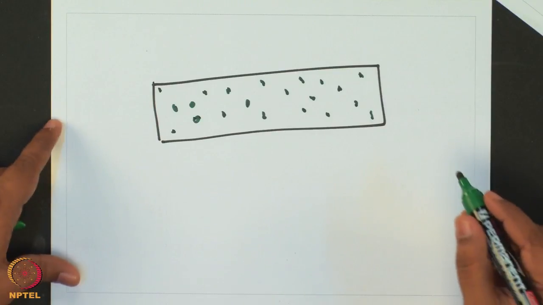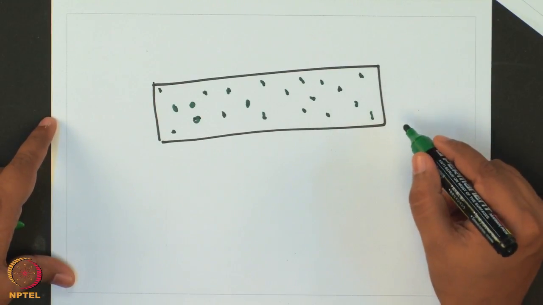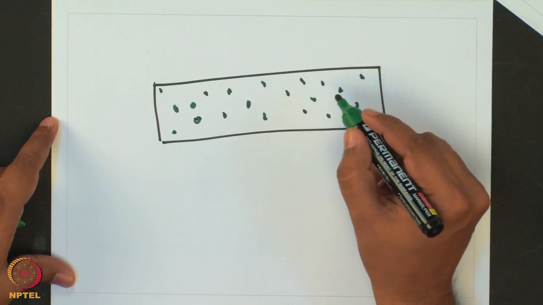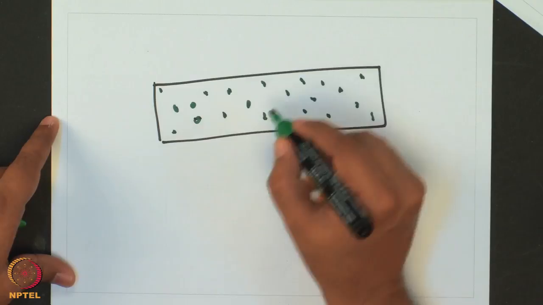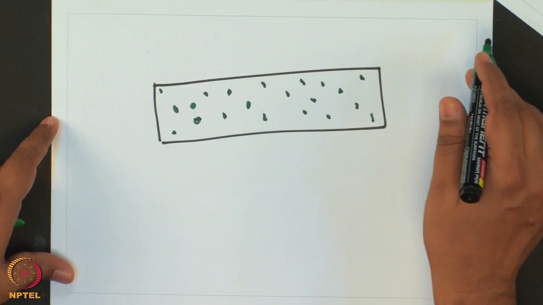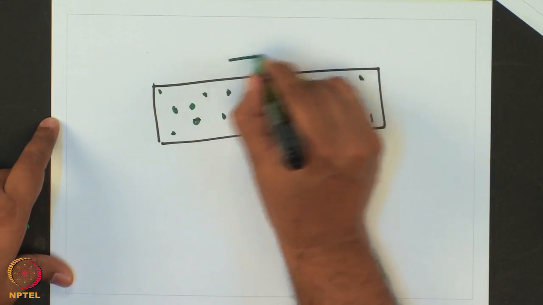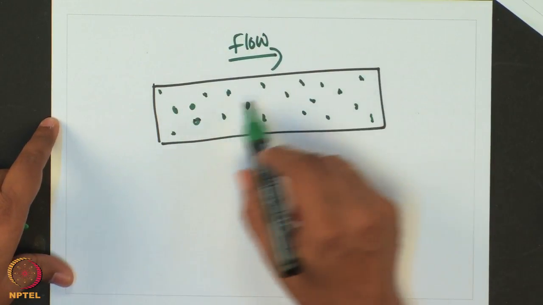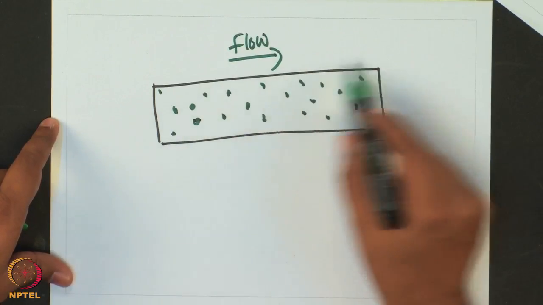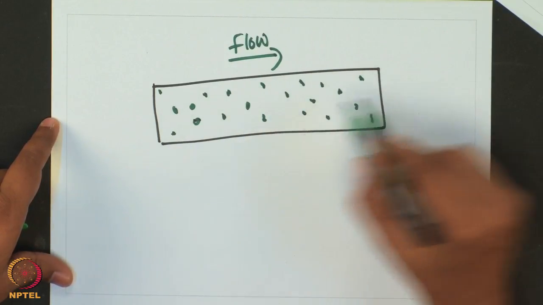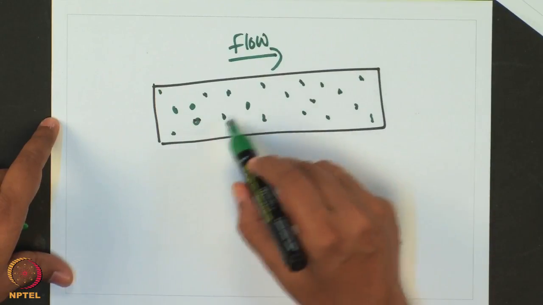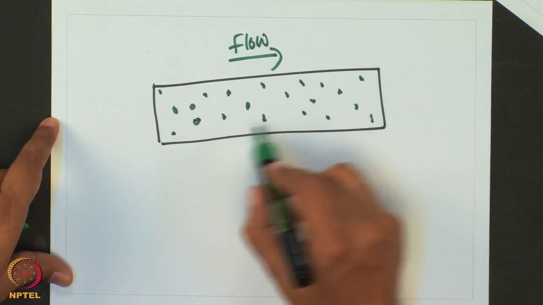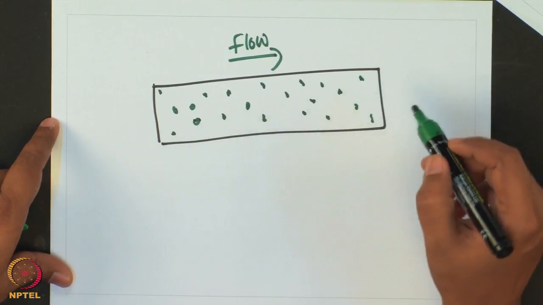So there is a uniform concentration C of particles. Now these are charged particles, let us say, and I apply an electric field. Depending on the charge, there will be a particular direction you have to apply the electric field, so that the particles will flow in the direction appropriate to the electric field. So let us say this is the direction, or I could apply a force such that all these particles will be forced to flow in this direction.